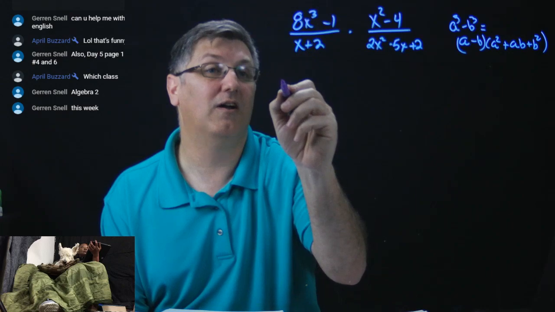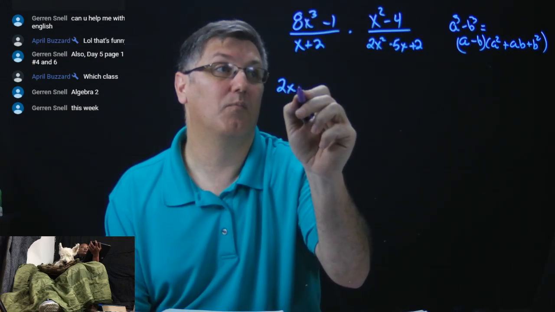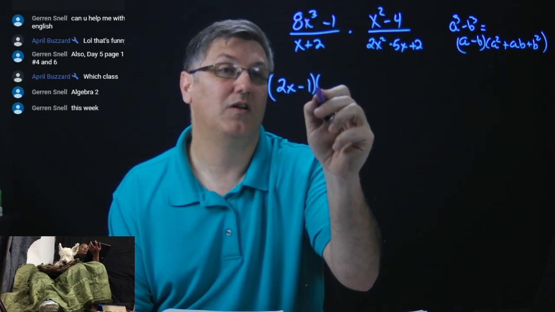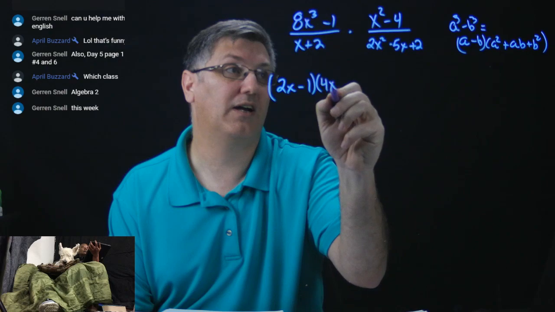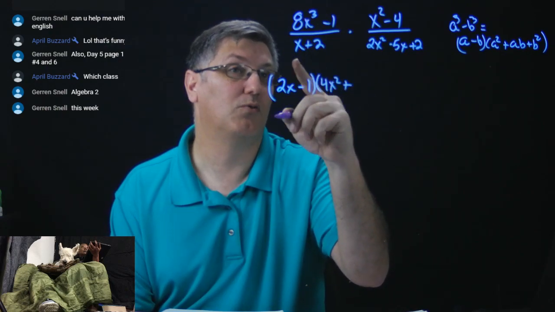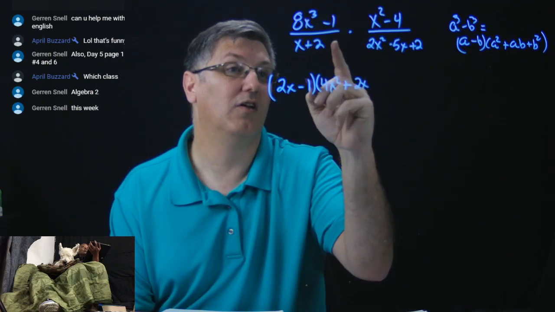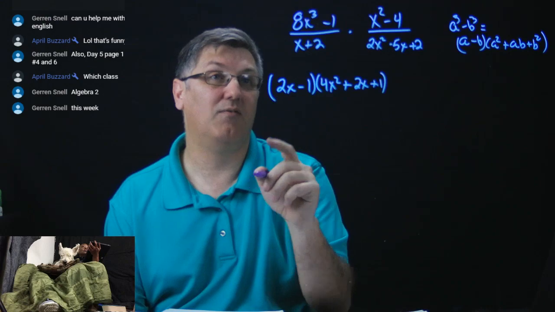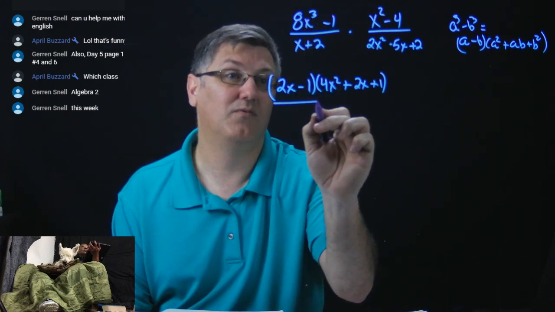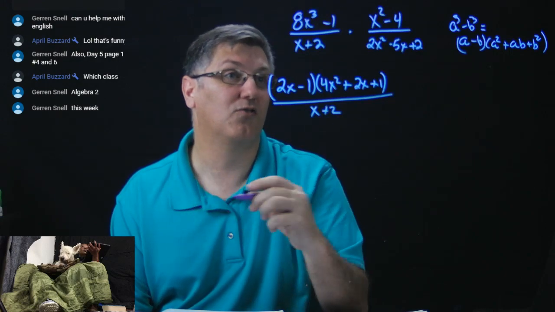So this top part factors to 2x minus 1 times 4x squared plus 2x plus 1. Okay, so there is my very first top factor, all over x plus 2. Darn, nothing cancels out. What was I thinking?